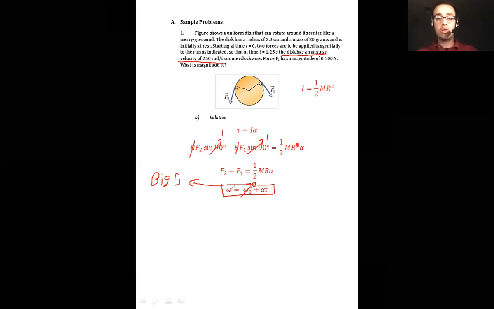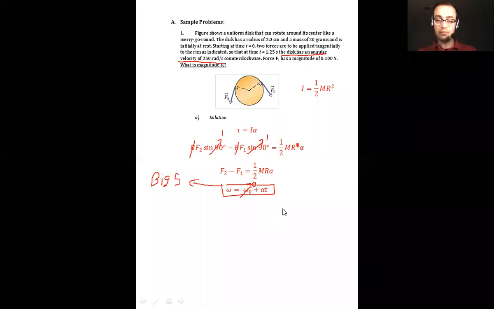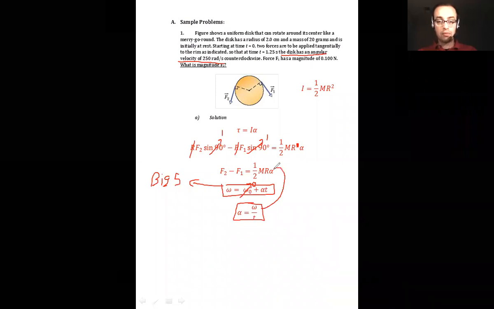So we can use those big 5 equations to say omega equals omega naught plus alpha times t. Omega naught is 0 because, again, we're told that this is starting at rest. This allows us to solve for alpha. And once we've solved for alpha, we can then plug that expression in up here.